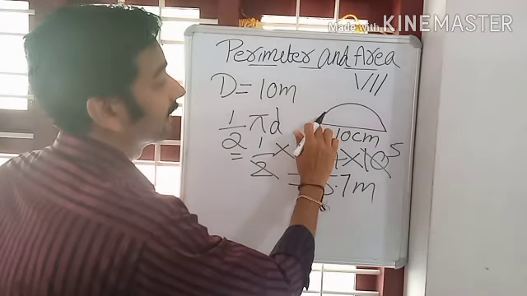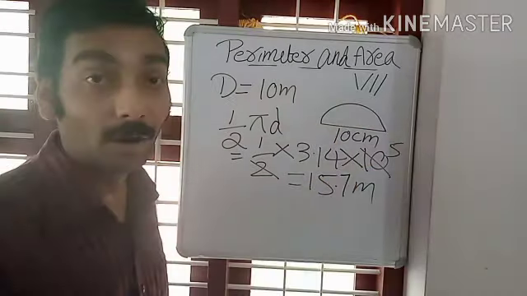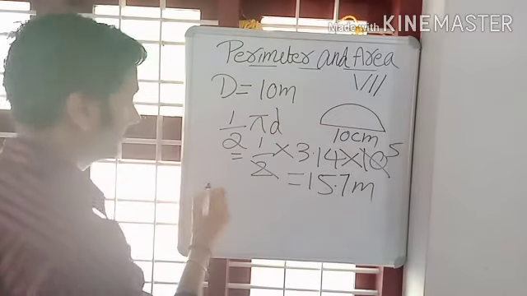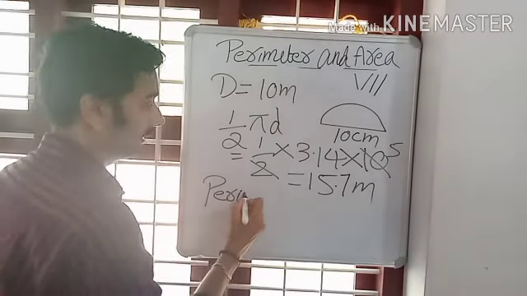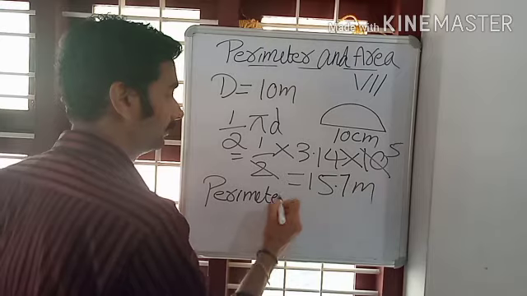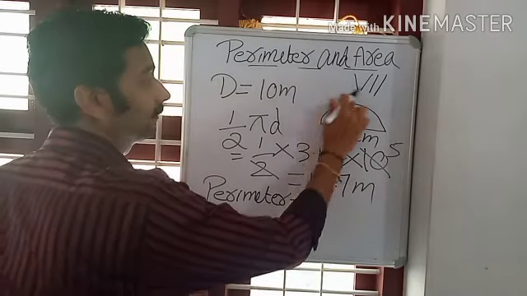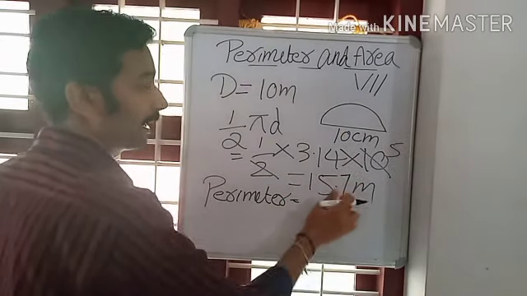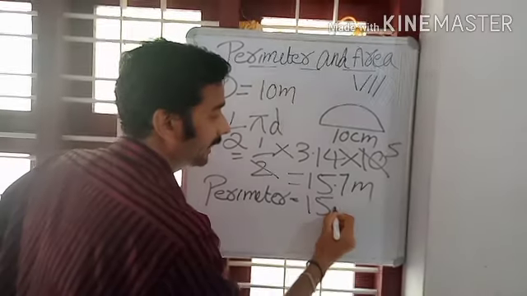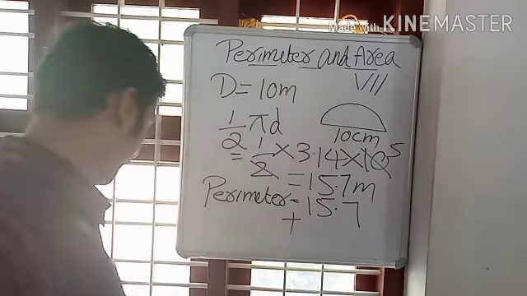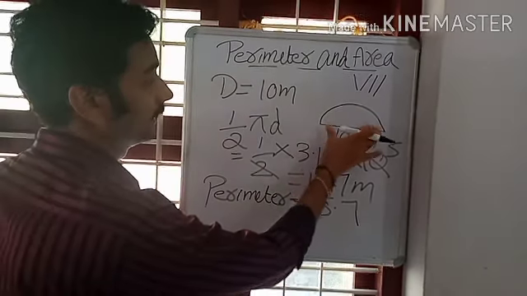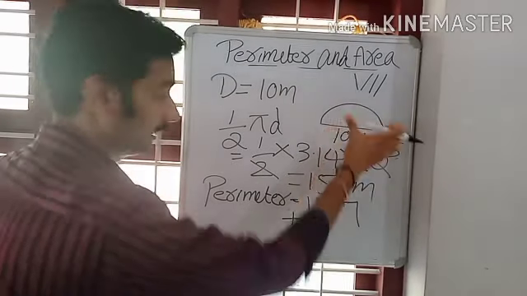The perimeter of the semicircle is 15.7 plus this side, which is 10.